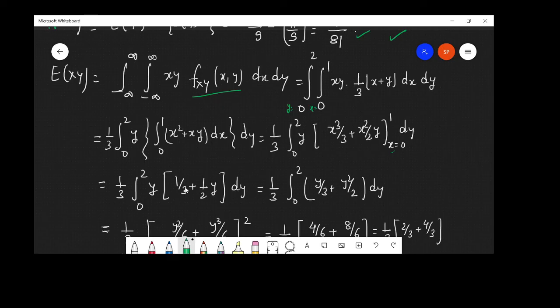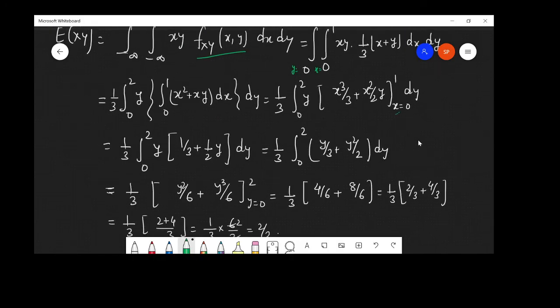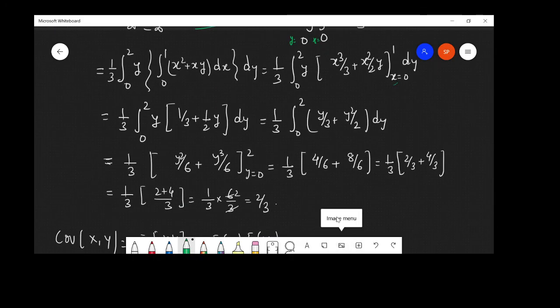When we substitute these values it is coming 1 by 3 plus 1 by 2 y, and the whole integration is now in y, and we need to simplify. This is a simple integral. So after simplifying, the expectation of xy is coming 2 by 3.